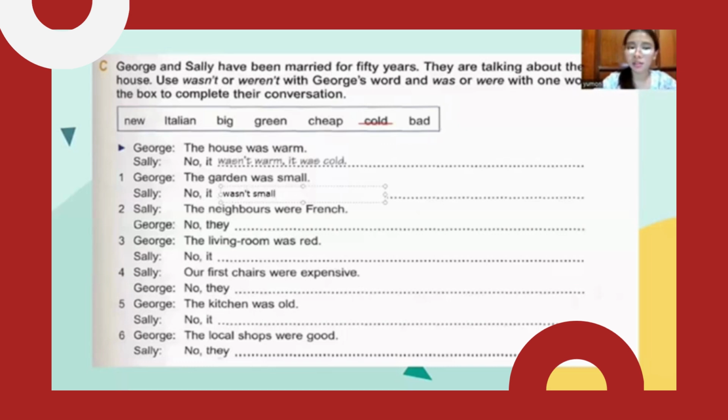And the sentence isn't completed yet. You put a comma. And okay, so you have to write the opposite one. It was. Okay, so what is the opposite of small? Yes, it's big. So you can see big in the box. Okay, so you cross it out after using it. So, no, it wasn't small, comma, it was big.